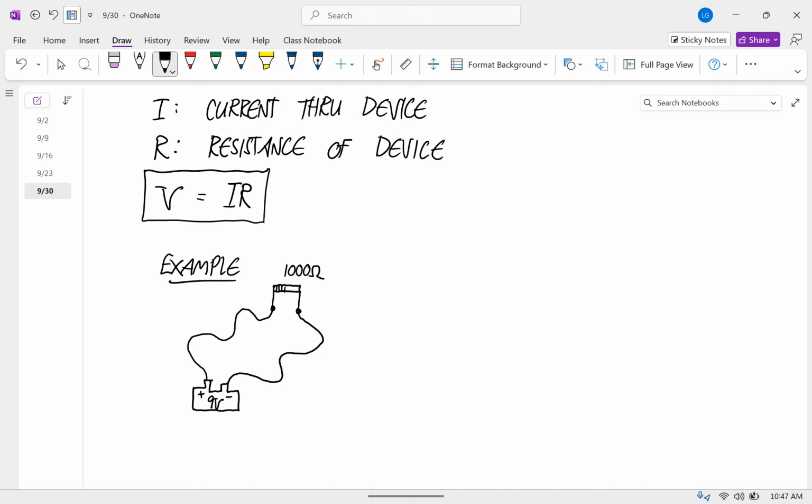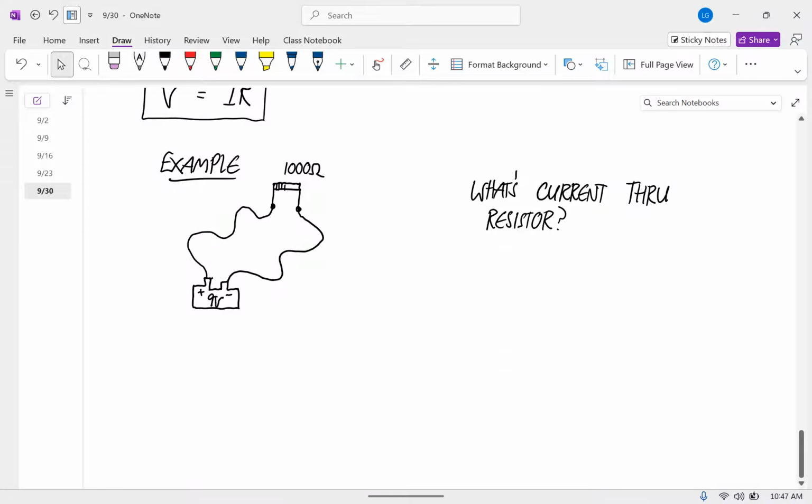If we want to know the current through the resistor, we would use Ohm's law.